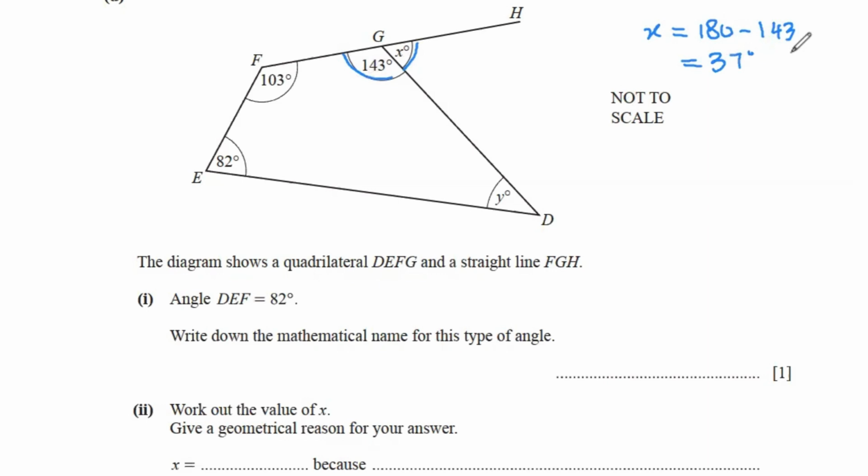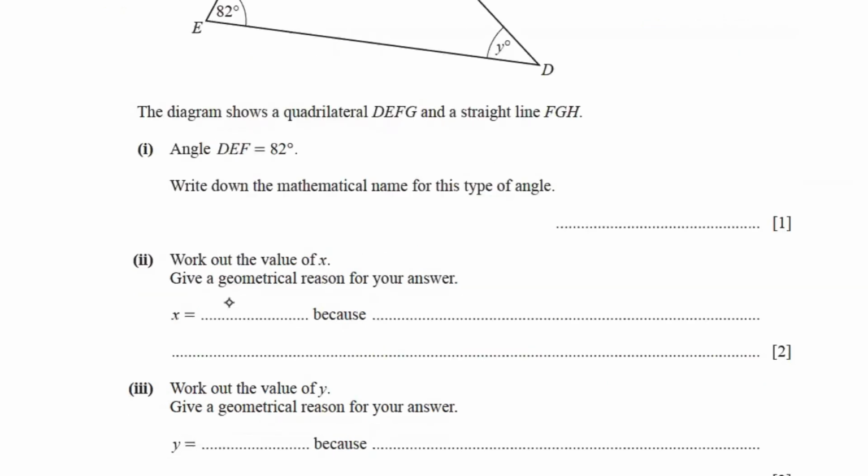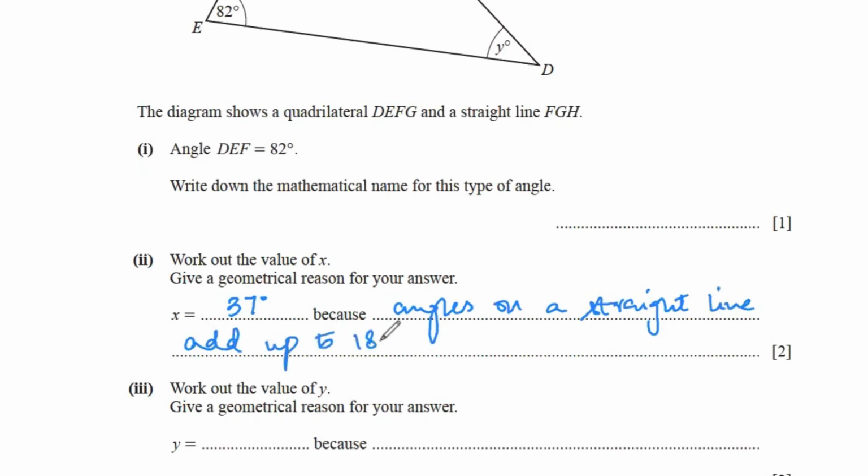So that is your value of x, 37 degrees, because angles on a straight line add up to 180 degrees.